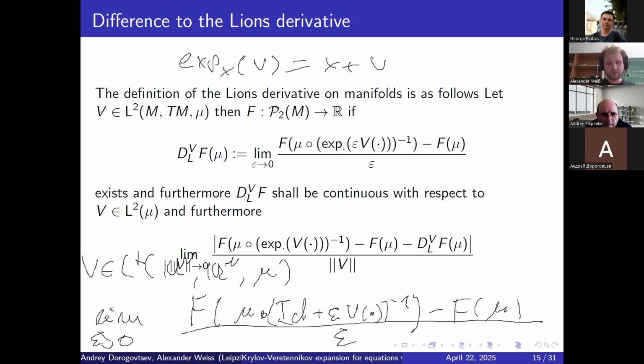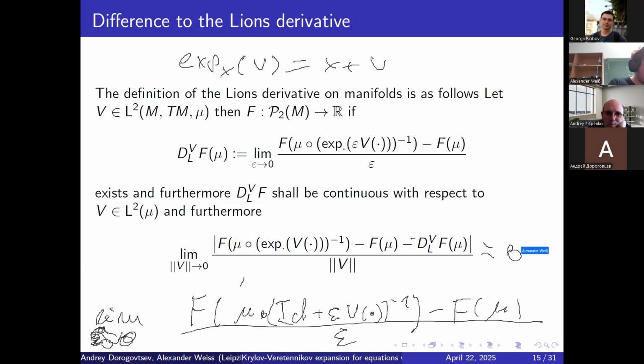Can you read this? Yes, I can read. So epsilon goes to 0 or V goes to 0? Epsilon. So here epsilon goes to 0. And then afterwards, in order to call it Lions differentiable, we already have all these Lions derivatives here for mu and all V. And then we also look at this Fréchet type of limit.